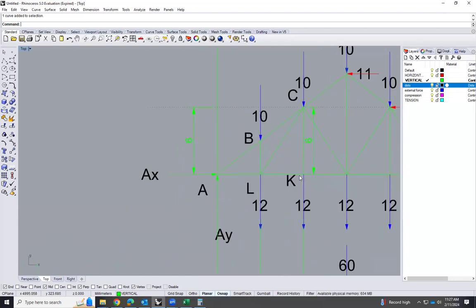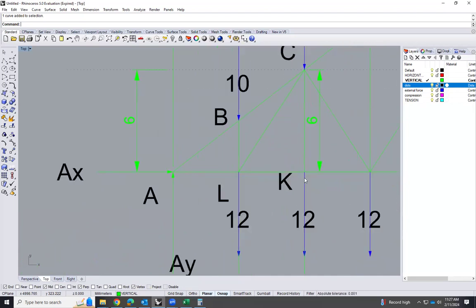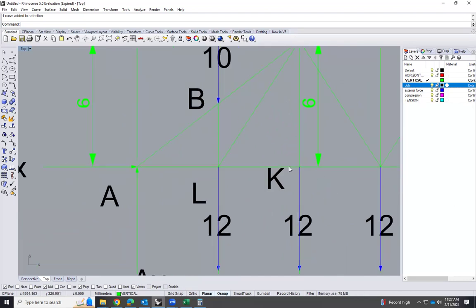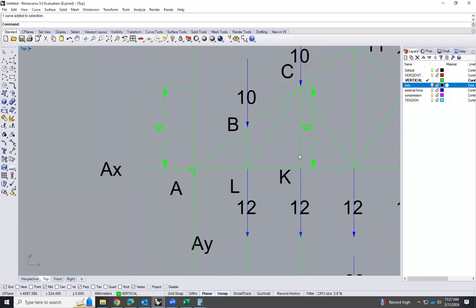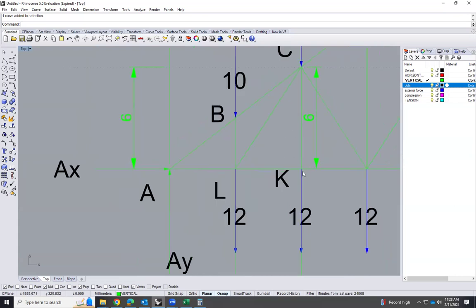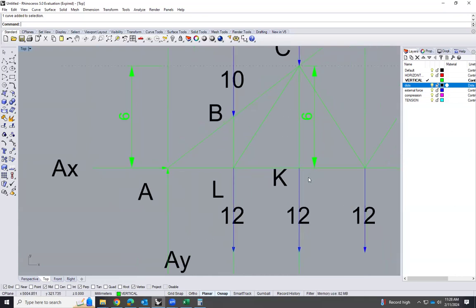So at point K, I told you that it's going to be very straightforward, because if we analyze that point, the vertical equilibrium, this one, KC, it's going to be 12 going up. If I have LK, the next one is going to be the same as LK, sorry, going in the other direction.